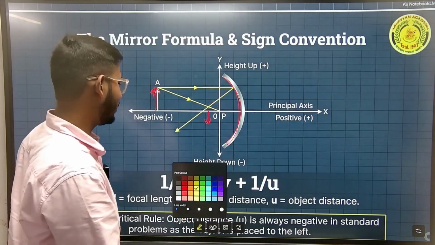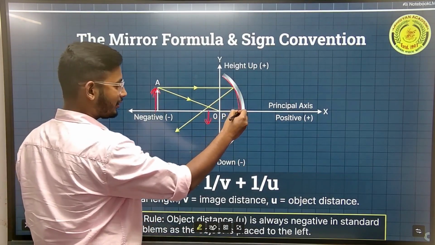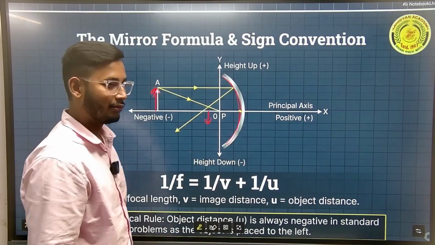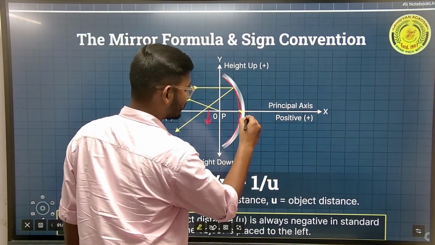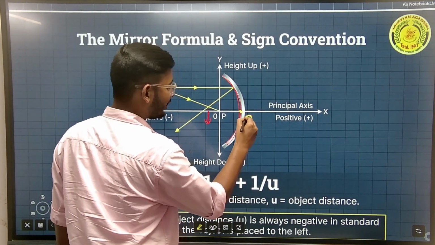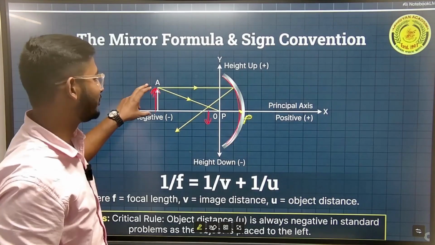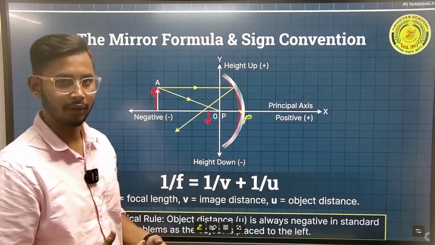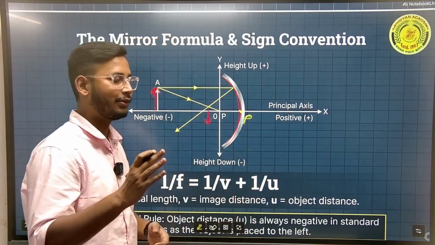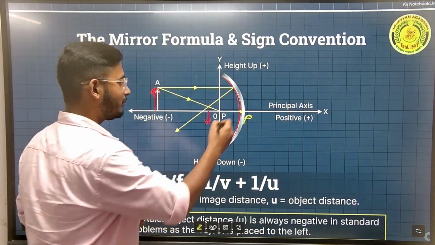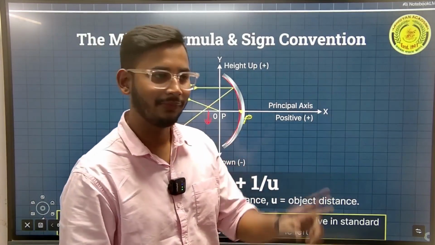Always remember, while doing the numericals or while calculating the object distance, the distance is always calculated from the pole of the mirror. Let's say we have to calculate the object distance, where the object is situated. How far is the object from the mirror? Then we have to calculate the distance from the pole.